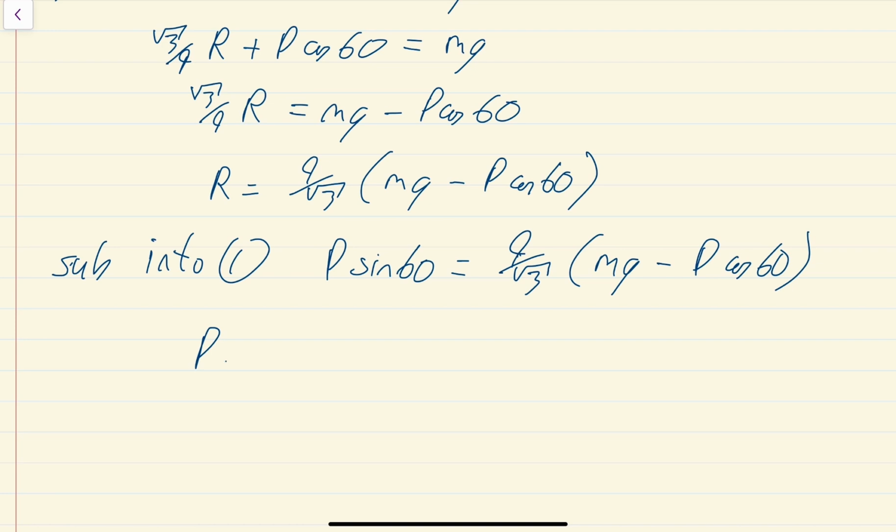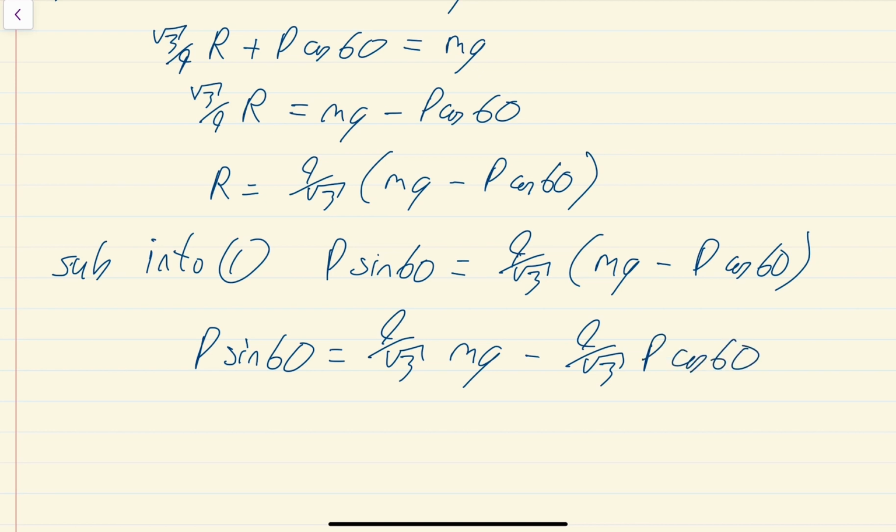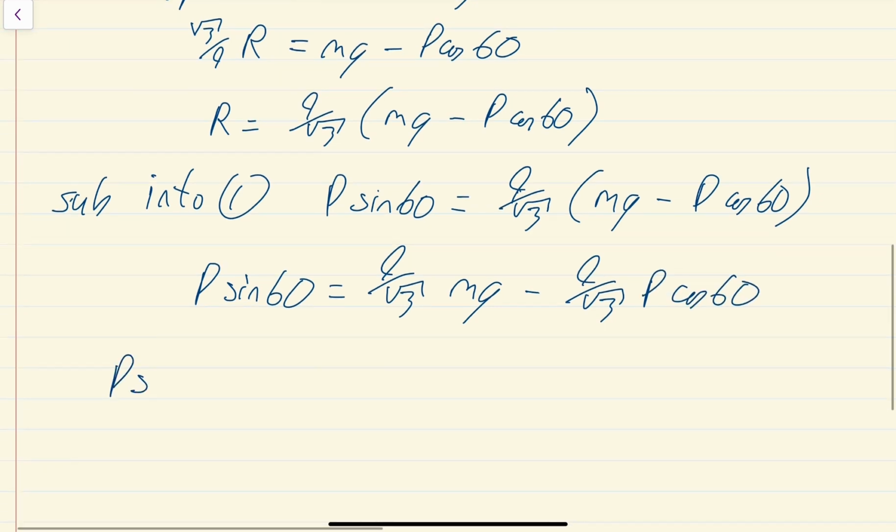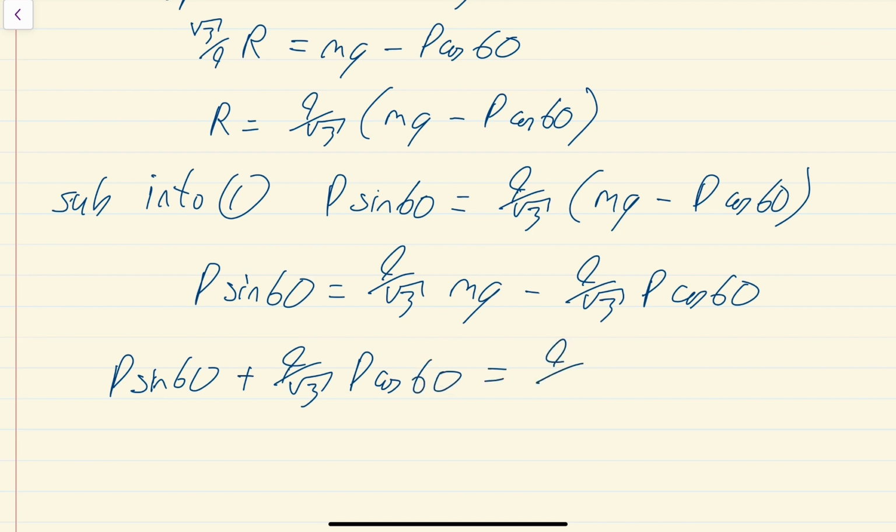So I'm going to have P sin 60 is equal to 9/√3 mg, minus 9/√3 P cos 60. We'll bring it across. You're going to have P sin 60 plus 9/√3 P cos 60 is equal to 9/√3 mg.